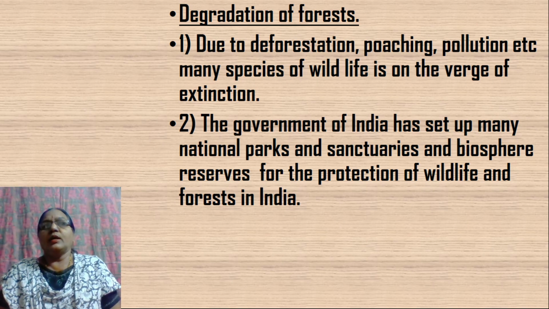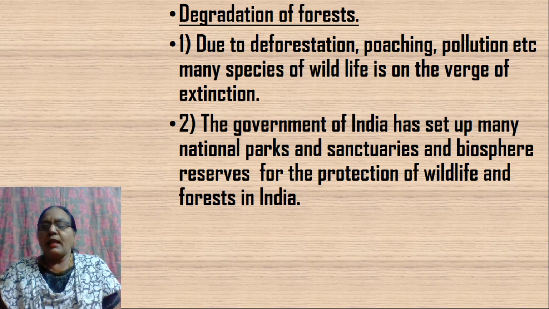For example, the population of tigers and lions was on a decline. But the Indian government saw to it that it set up many national parks and sanctuaries as well as bioreserves to protect this wildlife.